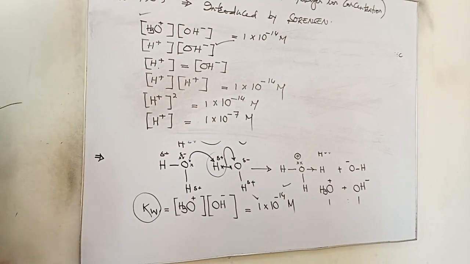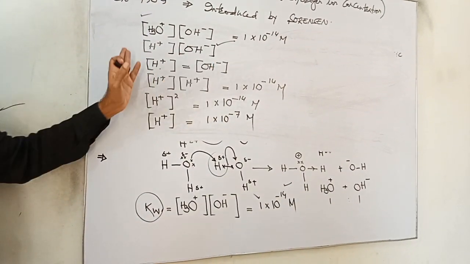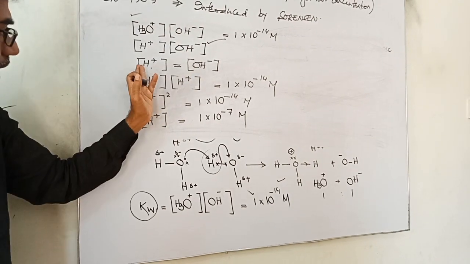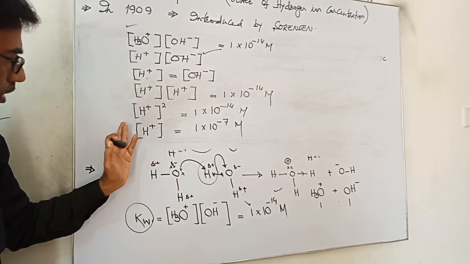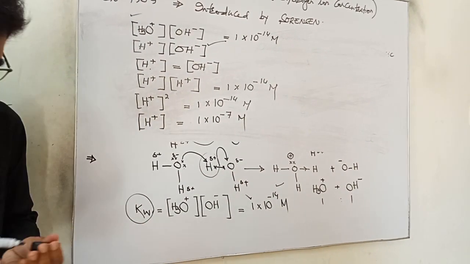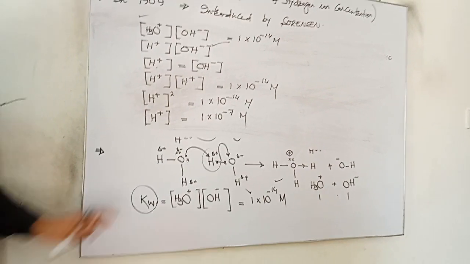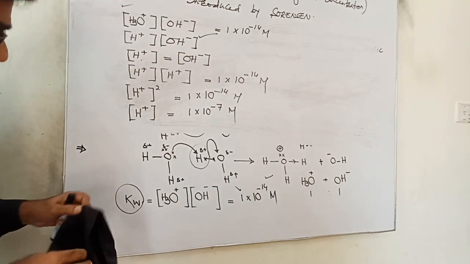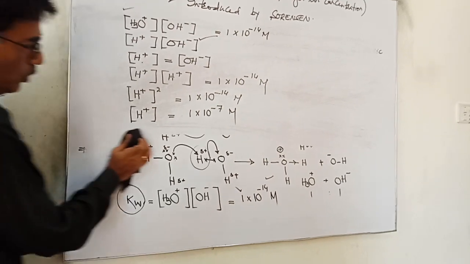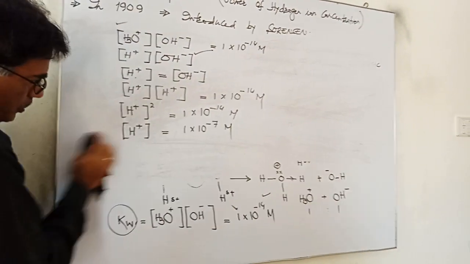Whether we take the hydrogen ion or the hydroxide ion, you can find the concentration of both in terms of molarity. It will be 1 into 10 to the power minus 7.